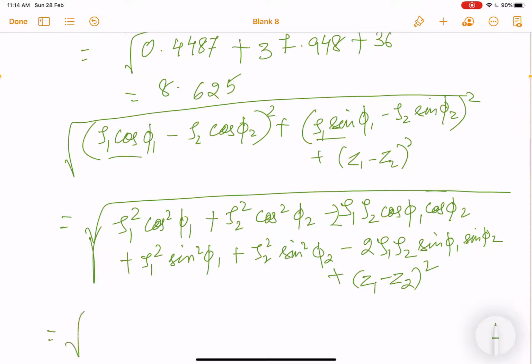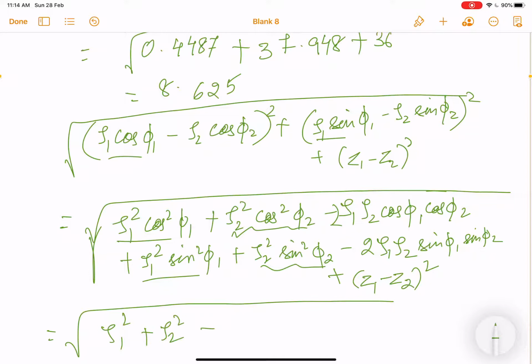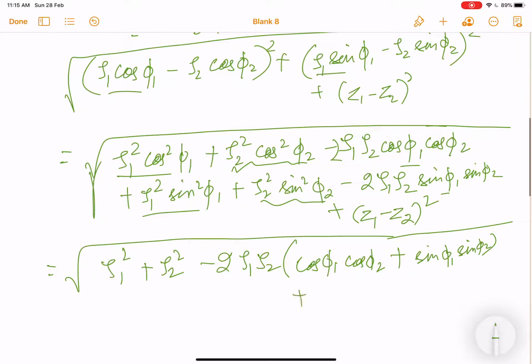Basically you can see this term and this term, and this term and this term. So this one will be rho 1 square, this one is rho 2 square, and then these two I'll take common, minus 2 rho 1 rho 2 whole into cos phi 1 cos phi 2 plus sin phi 1 sin phi 2, then plus z1 minus z2 whole square.